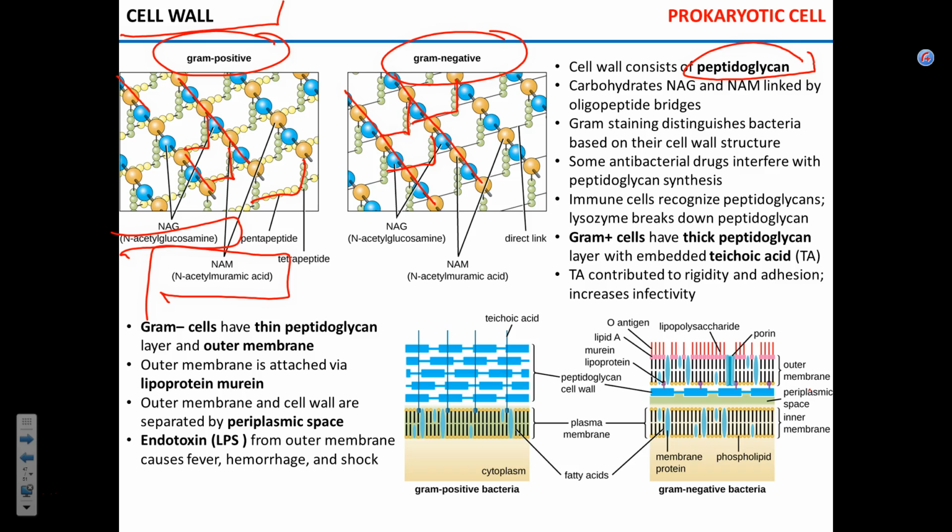Now I want to talk about the fundamental differences between gram-positive and gram-negative cells. Gram-positive cells have a very thick layer of peptidoglycan. Underneath, they have the cell membrane. So it's like a sandwich where you have a bread and whatever meats you have on top of it, and that's it.